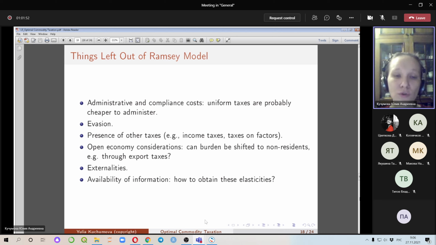I mentioned to you that from the Ramsey consideration, uniform taxation is likely not optimal. But we do have uniform taxes in practice, right? With just probably small exclusions.